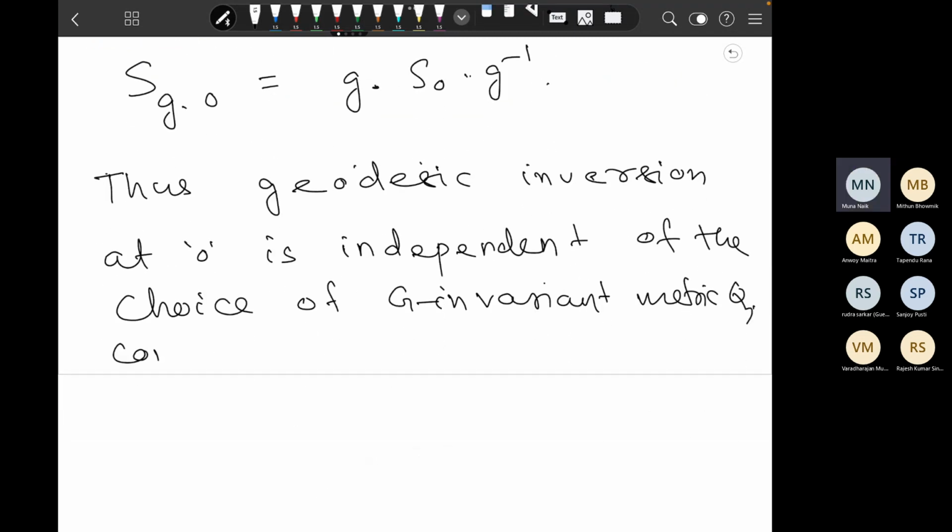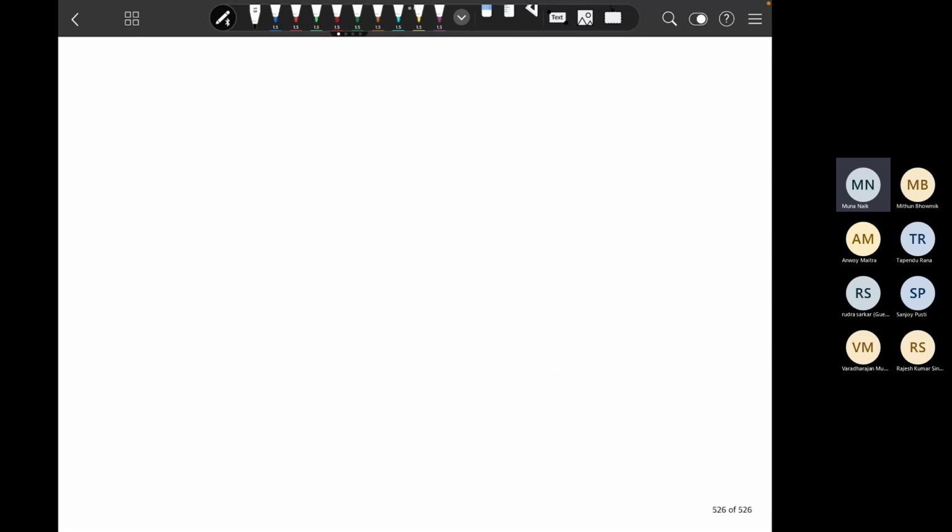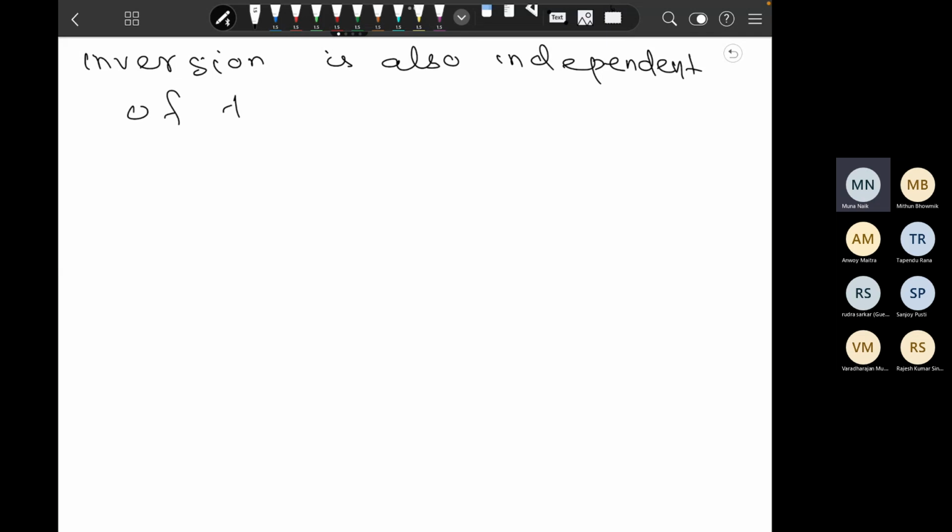Therefore, consequently, S_g also, consequently, any geodesic inversion is also independent of the choice of the G-invariant Riemannian metric.